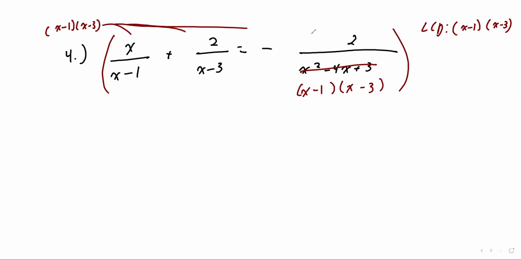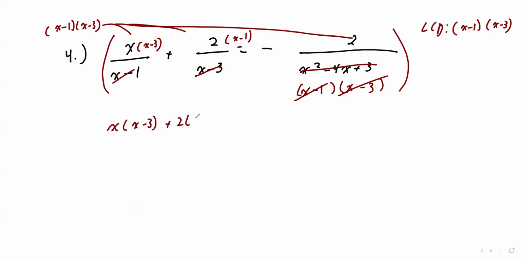Again, we're going to multiply to everything. x minus 1 cancels, so I really just have x minus 3. x minus 3 cancels, so I really just have x minus 1. And the x minus 1 and x minus 3 would cancel on the right, leaving just -2. So I now have x times x minus 3 plus 2 times x minus 1 equals -2. It made it a lot easier and cleaner to deal with.